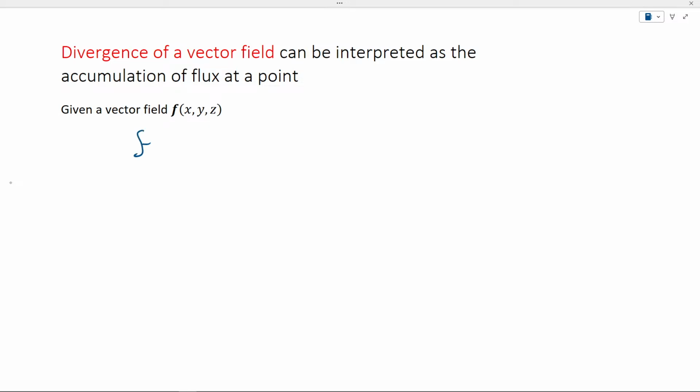I cannot do bold here, but I can just put this arrow here. This indicates this is a vector function of x, y, z, and that will be f1 in the i direction plus f2 in the j hat plus f3 k hat. So this is a vector function.